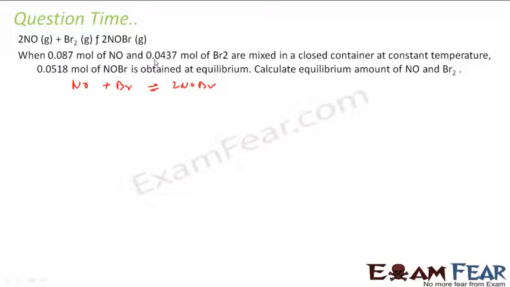Initial state we have 0.087 mole of NO and 0.0437 of Br2. At t equal to 0. At t equal to equilibrium, this becomes 0.087 minus x. This becomes 0.0437 minus x by 2.